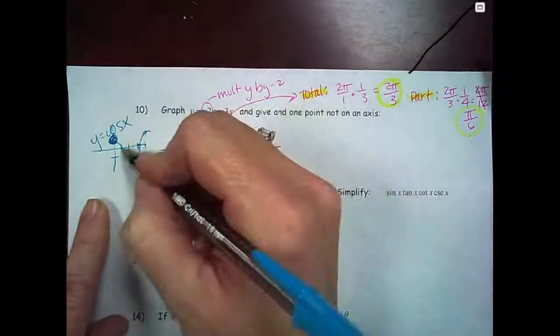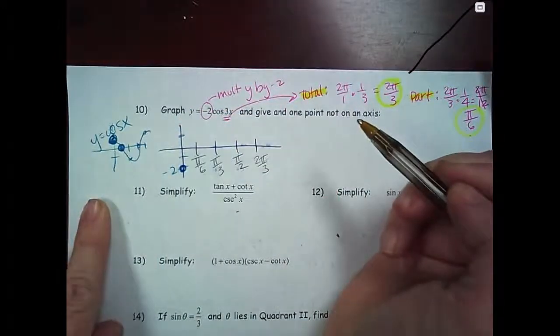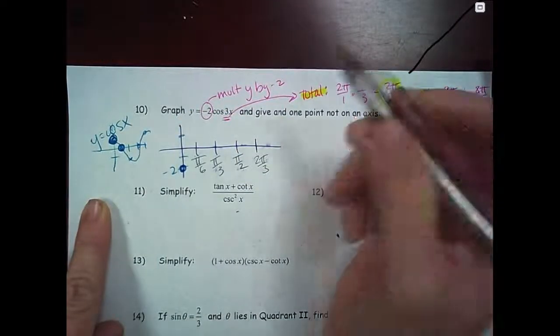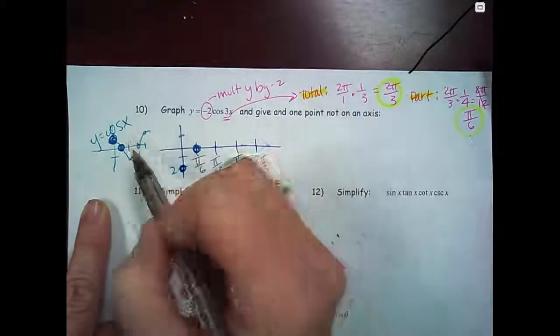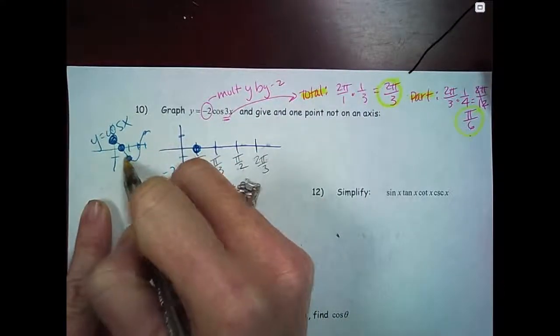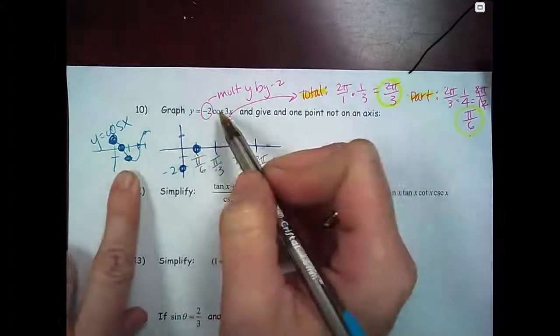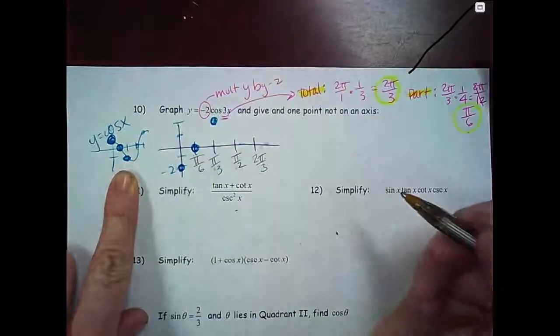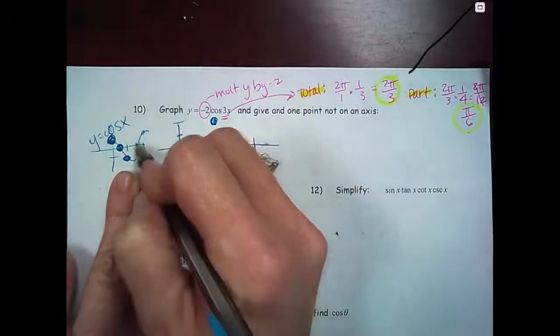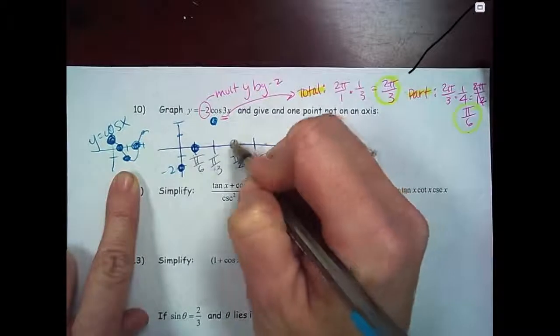Go to the next stop. I'm at 0. What's 0 times -2? It's still 0. And my third stop on my regular graph is -1. -1 times -2 is +2. So you wait here at +2. The next stop is back to 0. 0 times -2 is still 0.